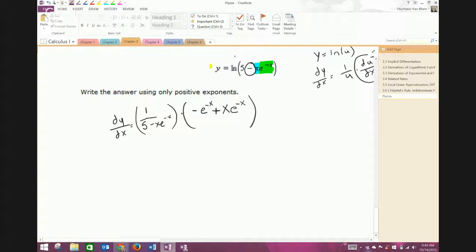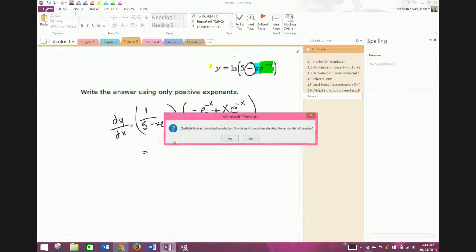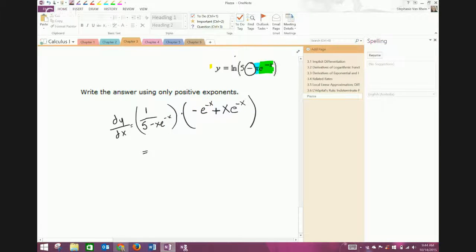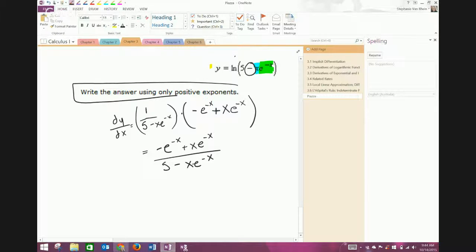Okay. So cleaning this up a little bit, we get minus e to the minus x plus x e to the minus x over 5 minus x e to the minus x. And Wiley wants us to make sure we only use positive exponents.